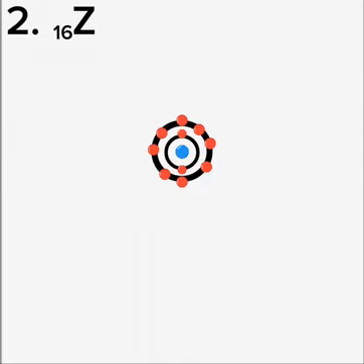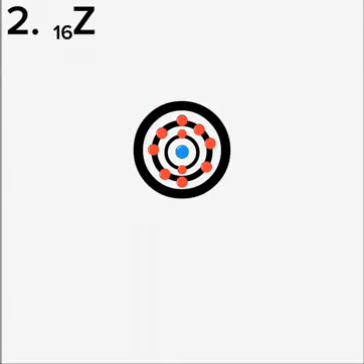We draw a third shell which can carry a maximum of 18 electrons, but since we're left with just 6 electrons, we assign them to the third shell, leaving us with nothing. So let's write the electron configuration. The first shell had 2 electrons, the second shell had 8 electrons, the third shell had 6 electrons, and that's our electron configuration.